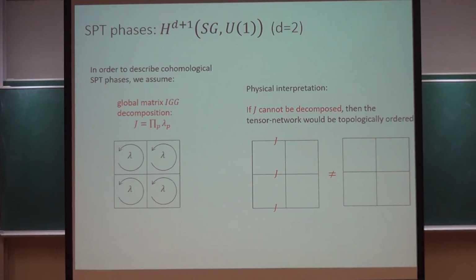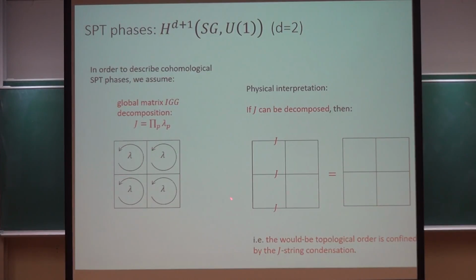So there's a physical interpretation. The physical interpretation is, if you have some global IgG, also from the matrix, but it cannot be decomposed into this plaquette IgG, then, as I mentioned, you generally have to be topological order, because you can construct different ground states. So this is not equal to that.